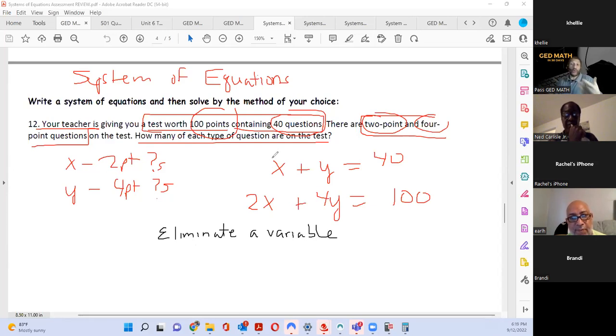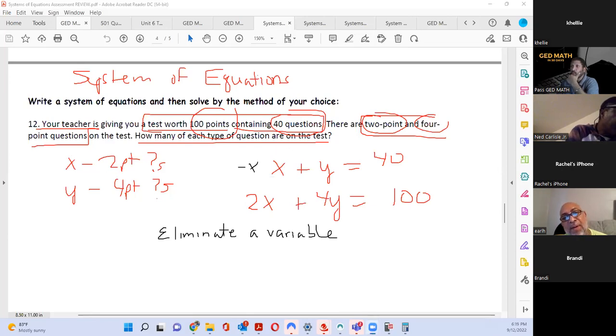So what would we have to multiply that first equation by in order for that first term to be minus 2X? If I multiply by negative X, you would have negative X squared.